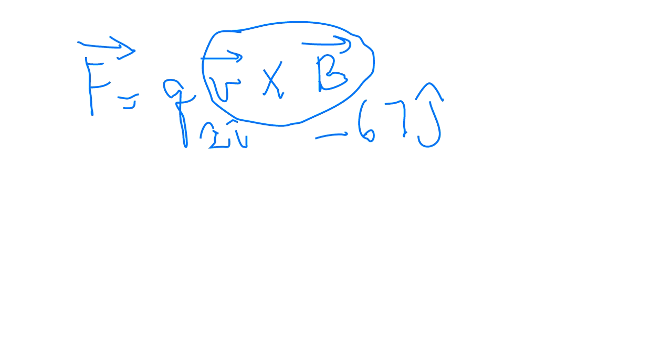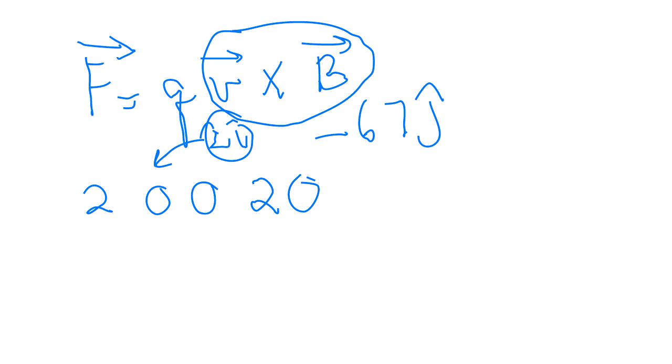If you remember, in order to do the cross product I write 2, 0, 0 for V, and then I repeat the first two, 2, 0. Then for B, I write 0, minus 6.7, 0, and repeat 0, minus 6.7.